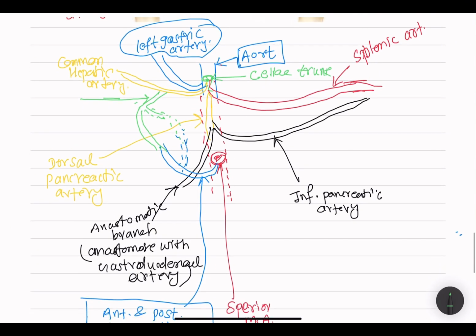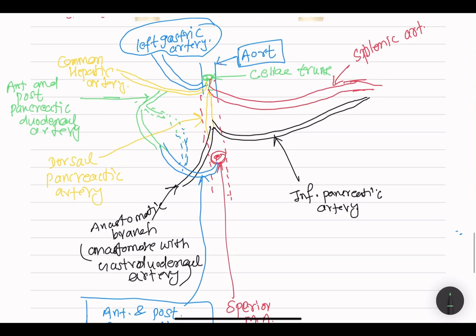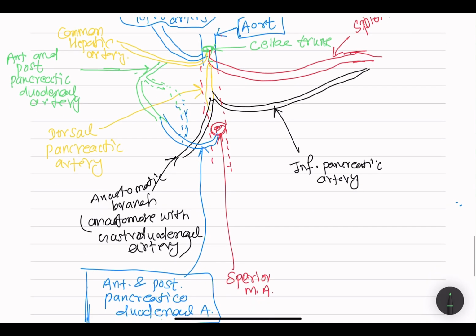So its name is anterior and posterior pancreatic duodenal artery. I am drawing this artery roughly, so when I show you the picture, it will be easy to compare where the artery is coming from.